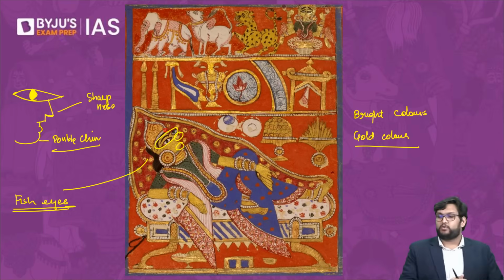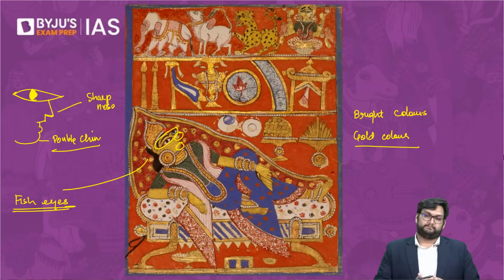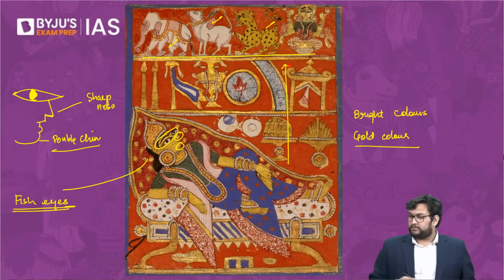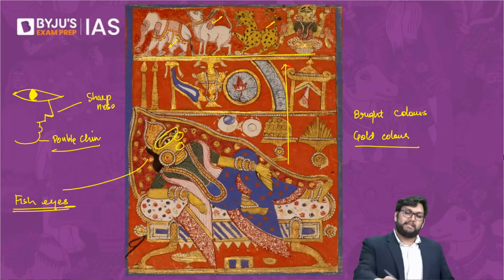But again, you can see that there's an issue of scale. A tiger, a bull, and an elephant are shown in the same scale, which cannot be the case. And even if they are replicas, it is not showing that there is depth. The plane issue is there, that in the same plane itself, depth is not represented very well.